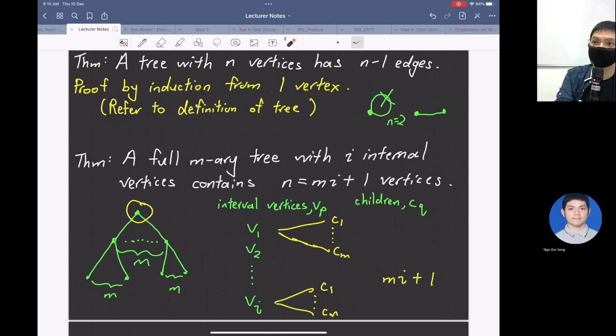Can you see it? For example, I label here c1, and c1 up to cm here because this one is v1.